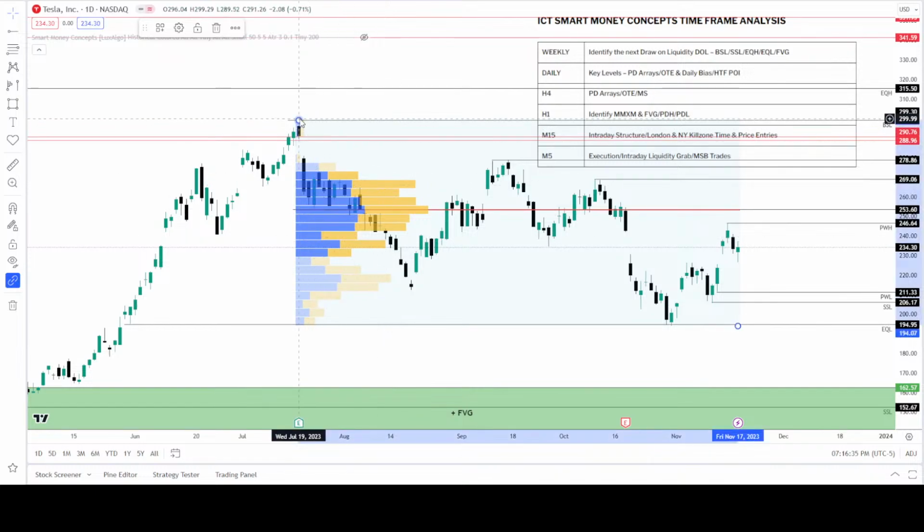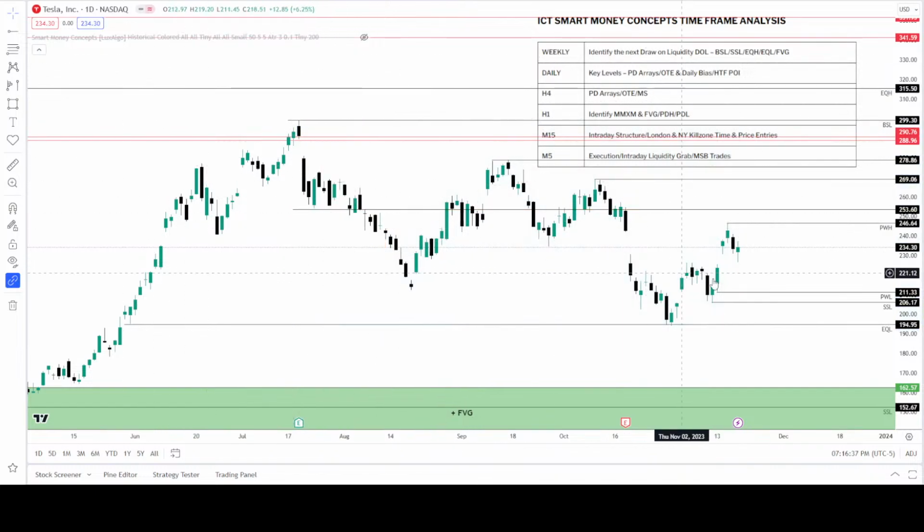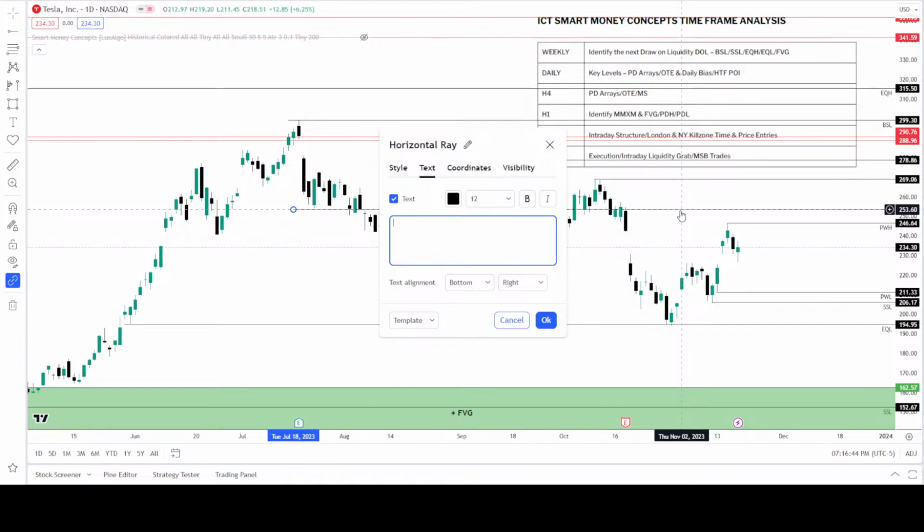I do think we're going to come back and take that out soon, just because it's a volume node point of control, and so oftentimes we'll see price come back down to it because we've traded around it so much. So that's volume node point of control.